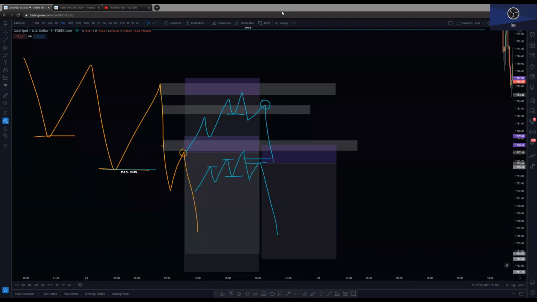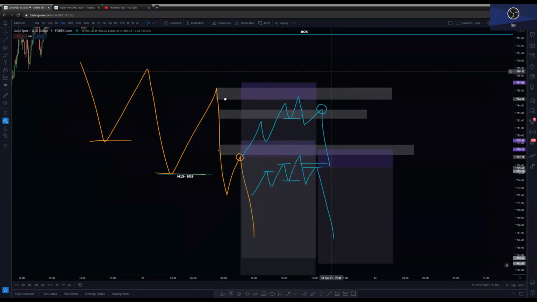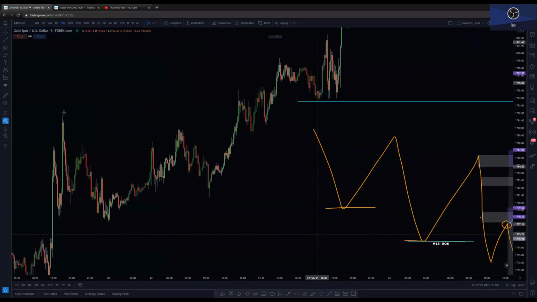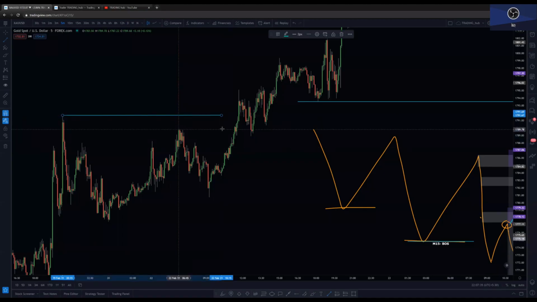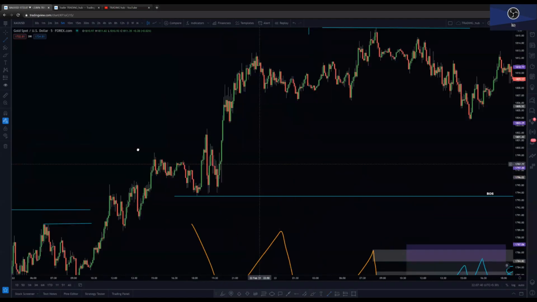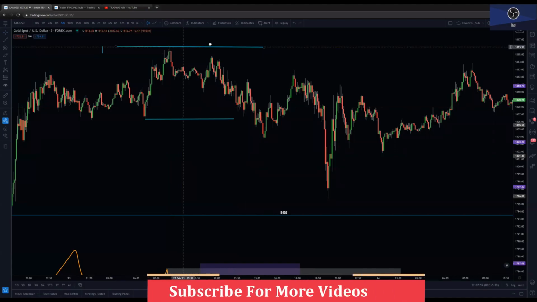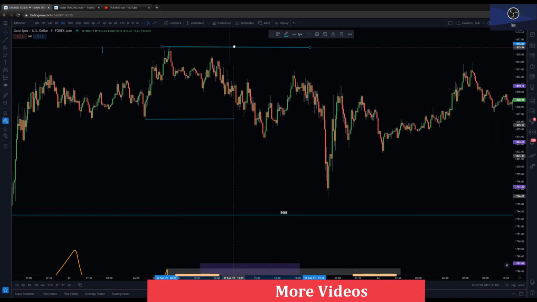For break identification, use the wick, not the body. When you mark the break of structure, connect with the wick, like this and this one, because some people take it with the body and some people count with the wick. But the wick is perfect to identify the break of structure.